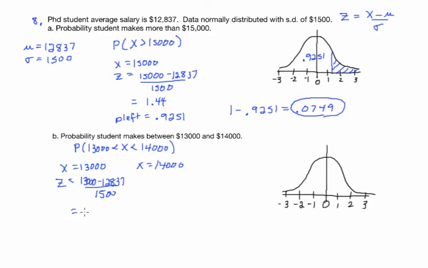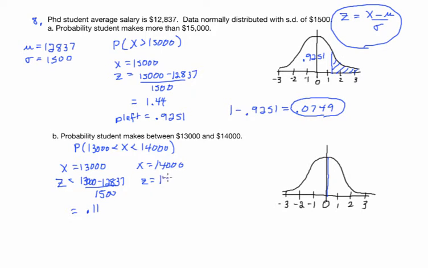So the z-score for 13,000 is 0.11, right about there. And I'll get a z-score for 14,000 using the z-score formula.